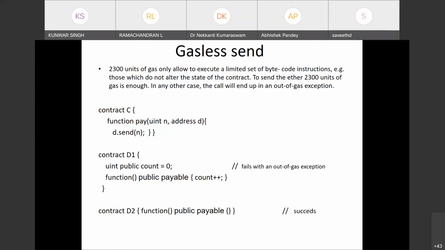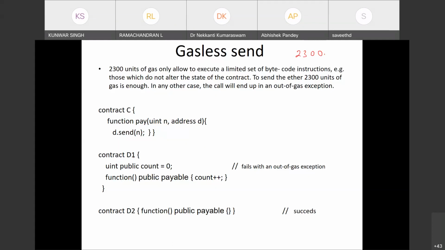It wants to send it to the contract D. And we know that the gas requirement for the fallback function is 2300. Now C is sending the ether to D.